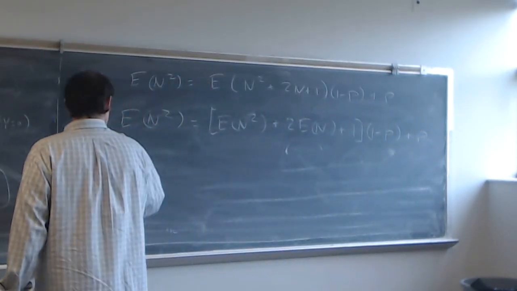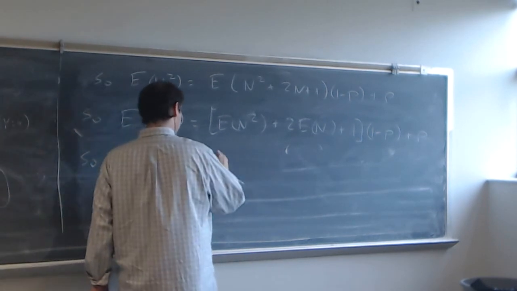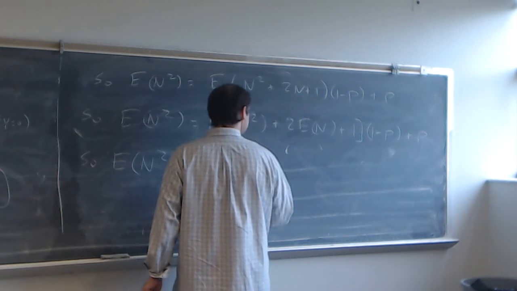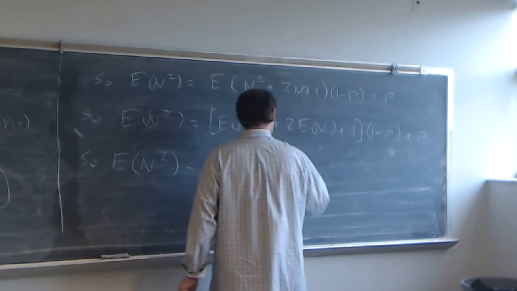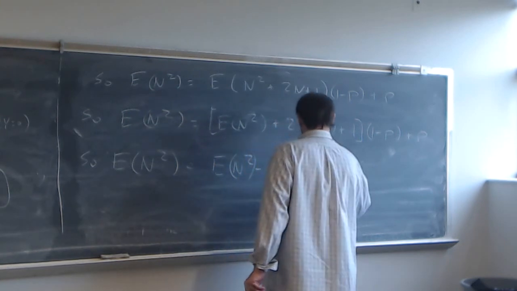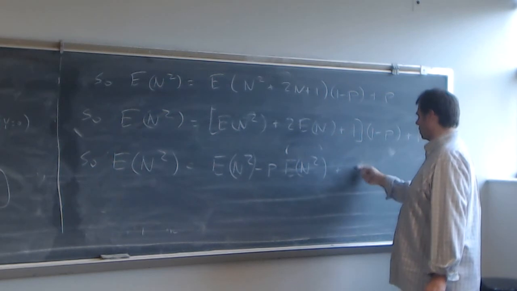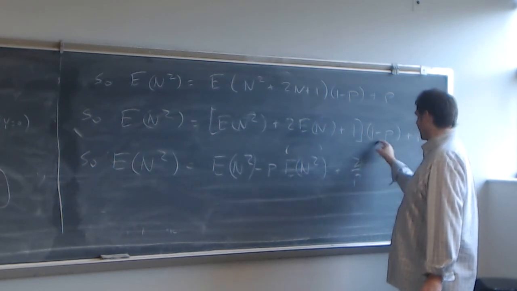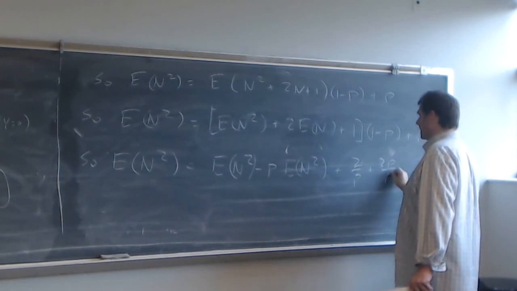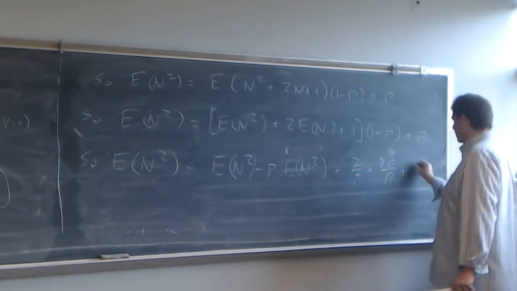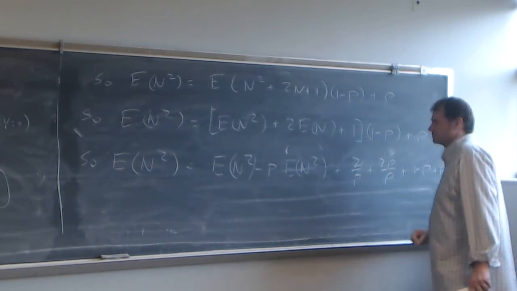So the expected value of n squared is equal to the expected value of n squared minus p times the expected value of n squared. We just found this to be 2 over p times 1, and then plus 2p over p plus 1 minus p, and then plus p.